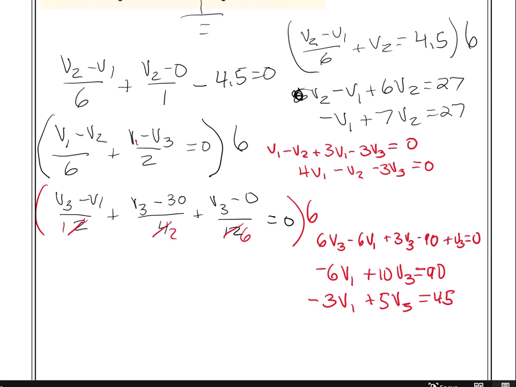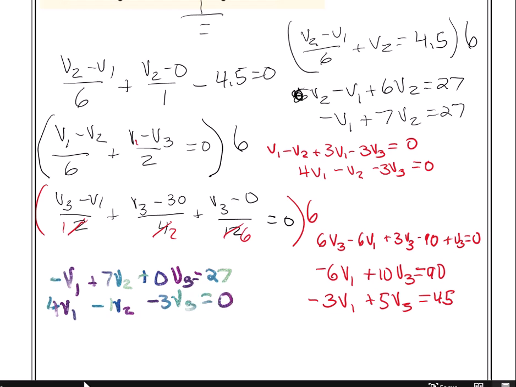So now I'll take my 3 equations: minus V1 plus 7V2 plus 0V3 equals 27, 4V1 minus 1V2 minus 3V3 equals 0, and minus 3V1 plus 0V2 plus 5V3 equals 45.